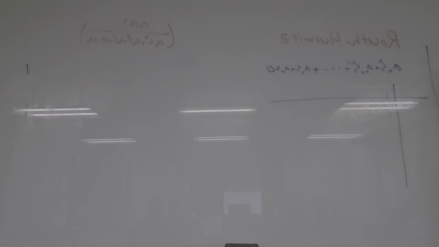Now, how it works: when you have an nth order system, you are going to start with rows named by each of the powers.